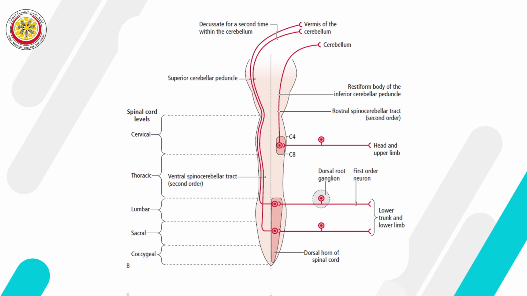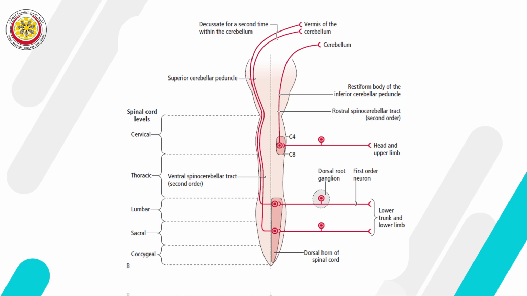Let us at the moment say for the spinocerebellar tracts, the second order neurons are found in the dorsal horn, and then the second order neurons go directly to the cerebellum. And by the way, whereabouts in the cerebellum?